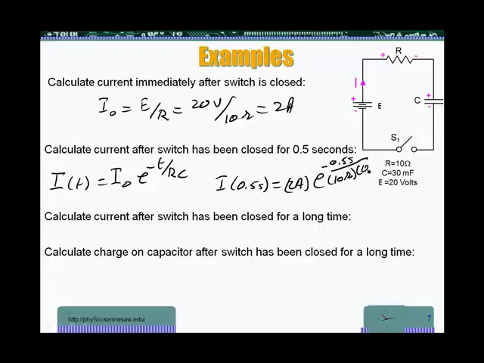So that's 0.030 farad. So it is equal to 2 amps times exponential minus 0.5 over 10 times 0.03, so over 0.3.